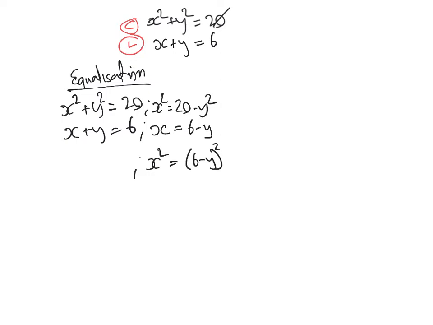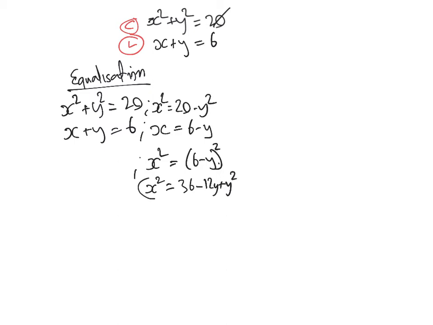You don't even get 36 plus y squared. You're squaring everything, which means you're squaring a bracket, which means you've got two brackets that are going to multiply out. So far from getting 36 minus or plus y squared, you're going to get, yes, your 36, but then you'll get minus 6y minus 6y, which is minus 12y, and plus y squared.